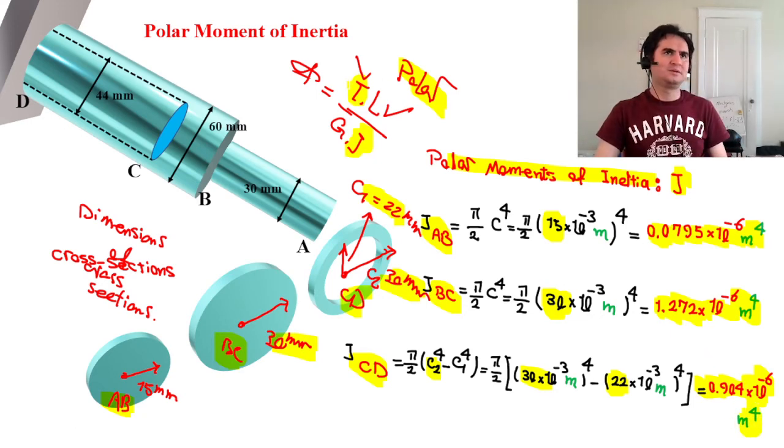If we know T, the torsional torque, we know the length, G is provided, and we have calculated the polar moment of inertia, we just replace the separate parts in the equation of phi and add them for the different sections from AB to BC to CD, and it gives us the angle of torsion for A.